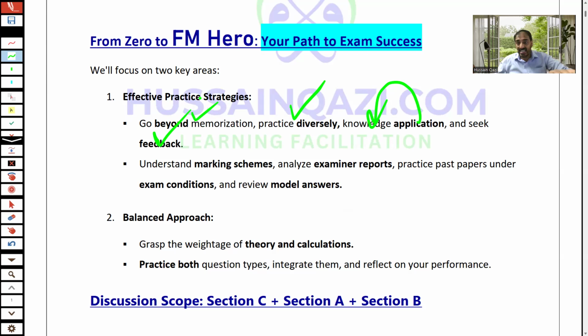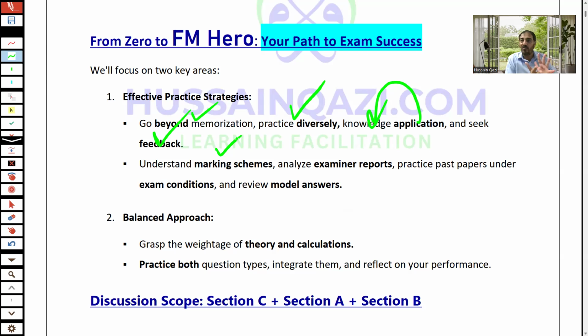Further, with this session, we will cover the marking schemes, because you must know that whatever you attempt in the exam, either calculation or theory, must be according to the marking scheme. Whatever you write, whatever you calculate, should be parallel with the marking scheme. Avoid unnecessary drafting, avoid unnecessary working.